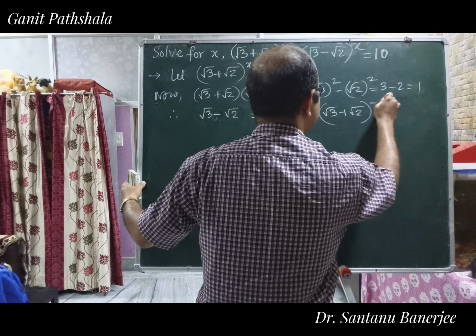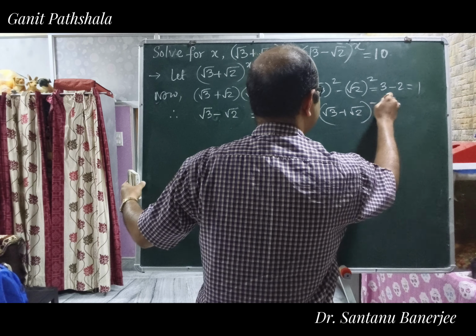We can write this as ((√3 + √2)^x)^(−1). Same thing. Now (√3 + √2)^x we had considered to be a. So if this is a, then you have this as a inverse. So (√3 − √2)^x is nothing but a inverse.